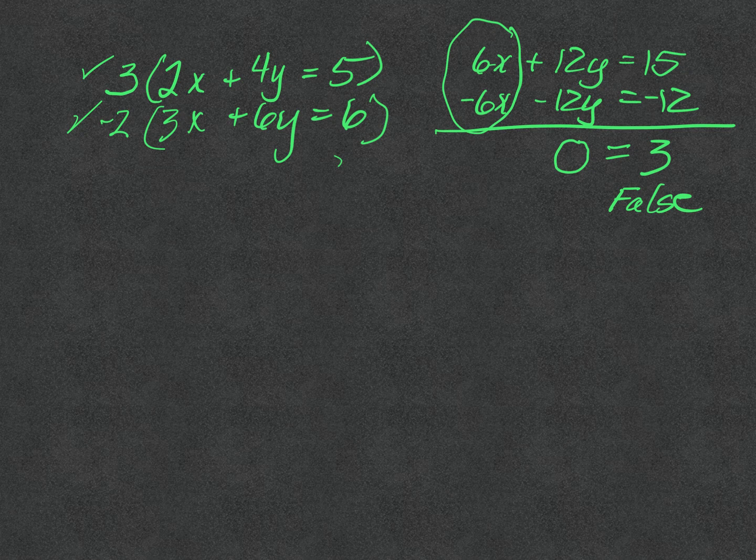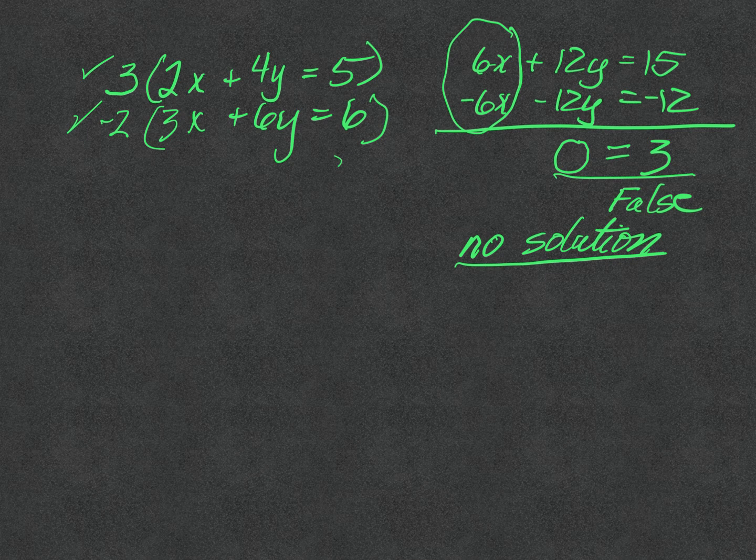Therefore, there is no solution to this system of equations. So that can happen as well. Even though you do all this multiplying, you could end up with a particular problem that leads to a false statement or no solution.